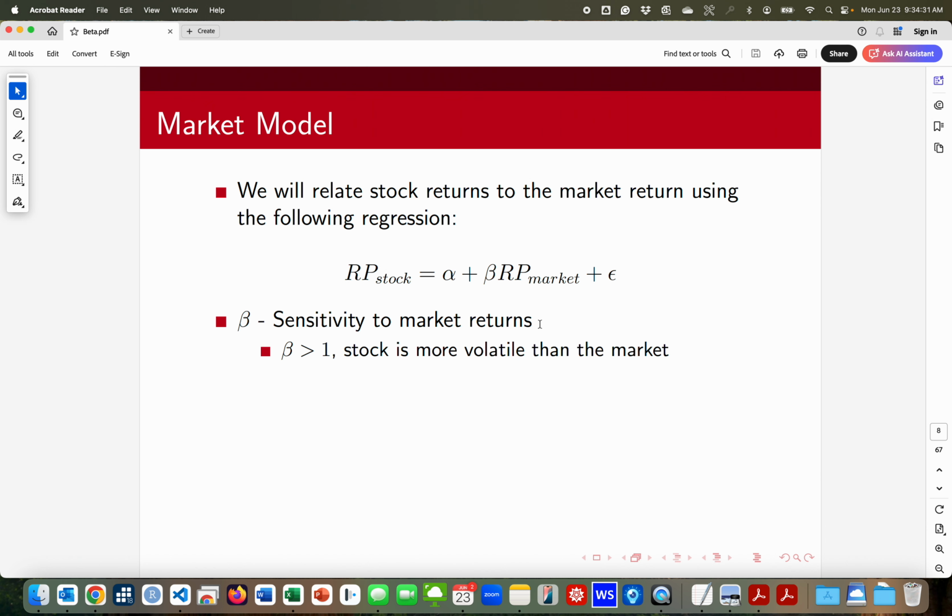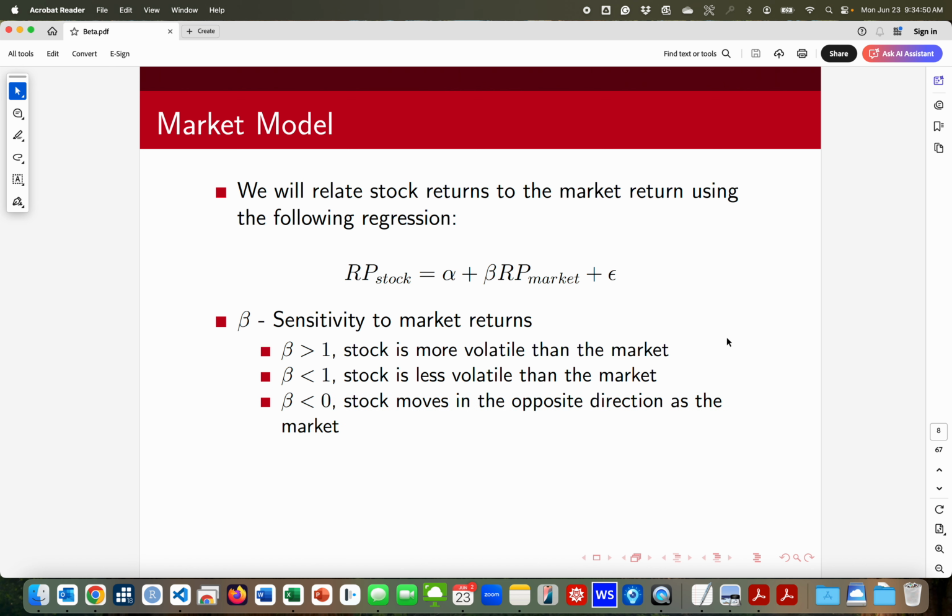If it's less than 1, it's less volatile than the market, because if the market risk premium increases, the stock risk premium will go up, but by less than the market risk premium. And if it's below 0, it moves in the opposite direction as the market.